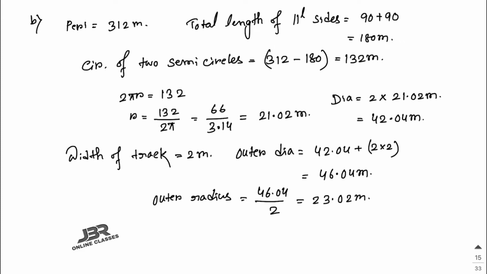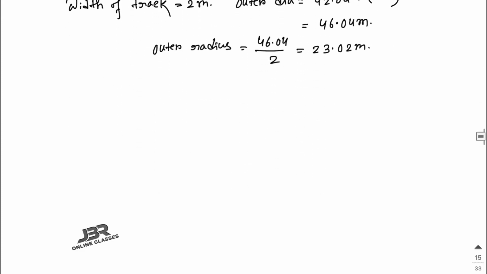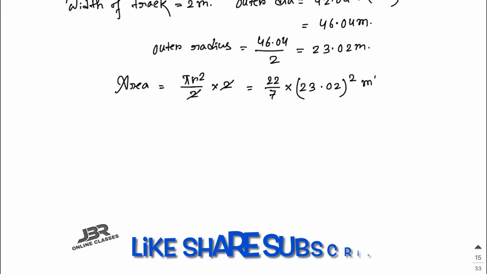So the inner radius is 21.02 and the outer radius is 23.02. Now the area of the two semicircles: the formula is pi r square by 2, but for two semicircles we multiply with 2, so the 2 cancels out, and it's pi, 22 by 7 or 3.14, into 23.02 whole square, in meter square.